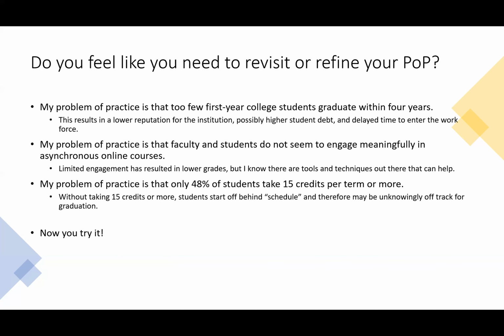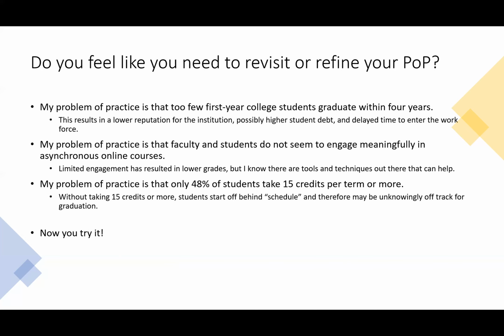Of course, there is also a lower reputation for the institution, and whereas in my work that's not the primary driver, that is, of course, a byproduct of having first-year college students take longer than 4 years to graduate.